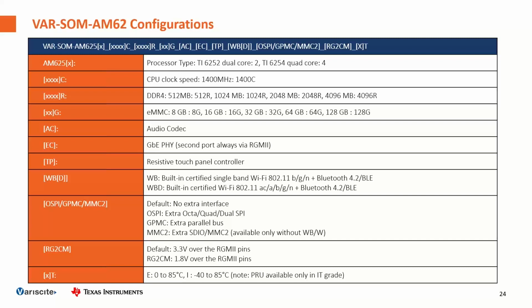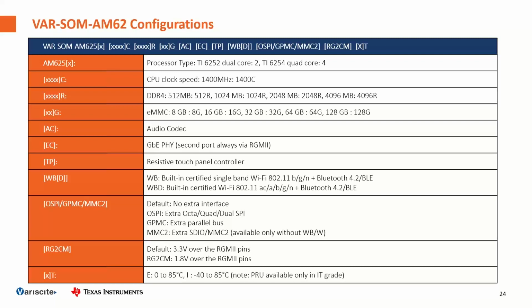You can have or not the MMC, and you can choose the size of your MMC. You can have or not the audio codec, the gigabit PHY, the resistive touch panel. You can have the single band or dual band Wi-Fi. You can have additional extra buses that are specific for the SOM, so the octa-quad dual SPI, or an extra parallel bus, or an additional SDIO interface when you don't mount the Wi-Fi Bluetooth module.